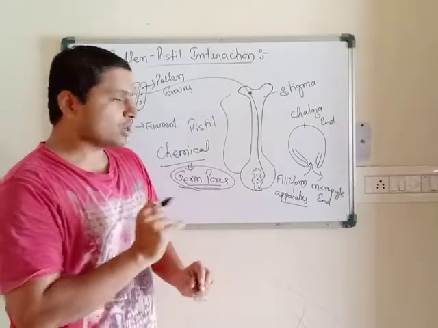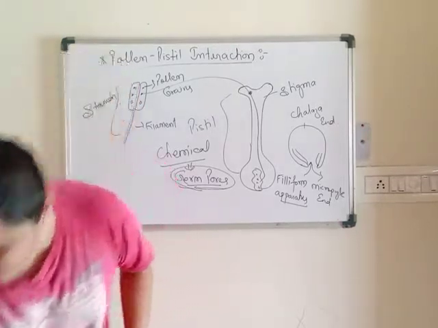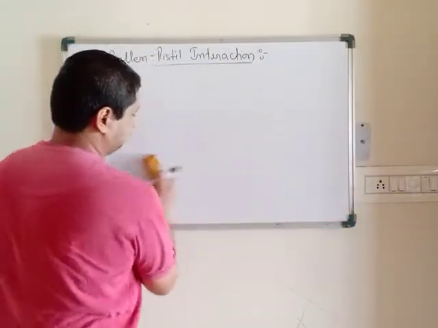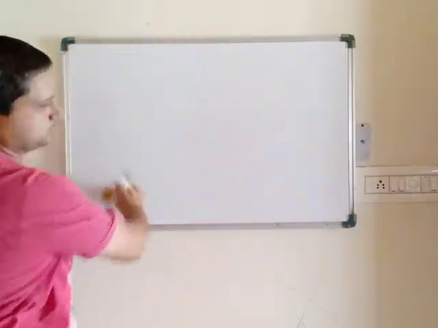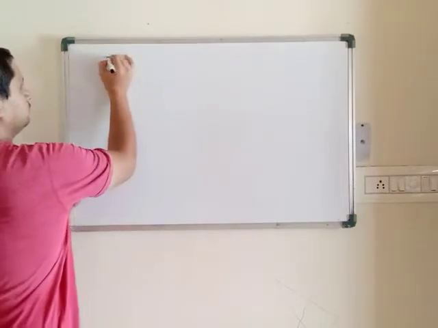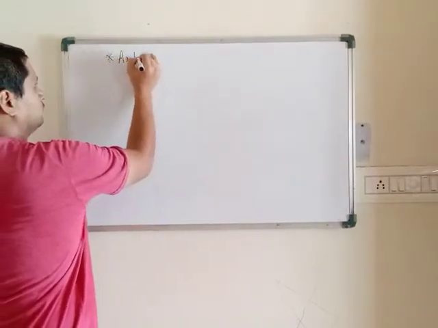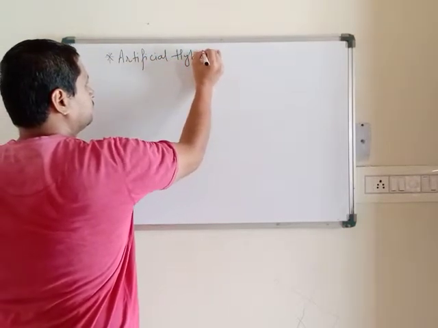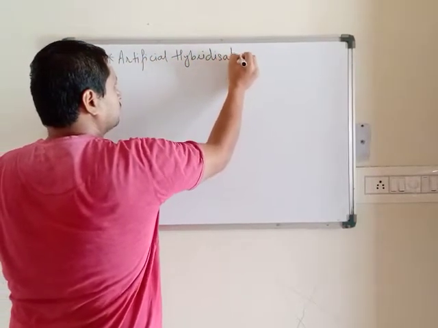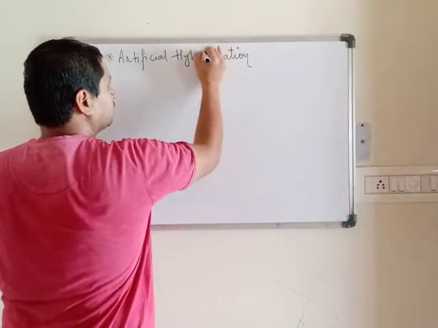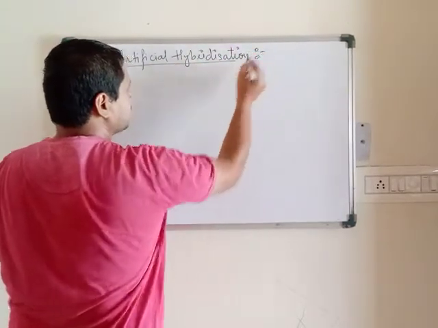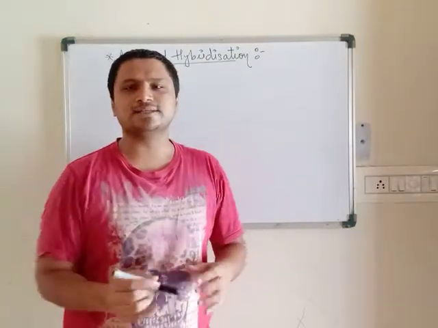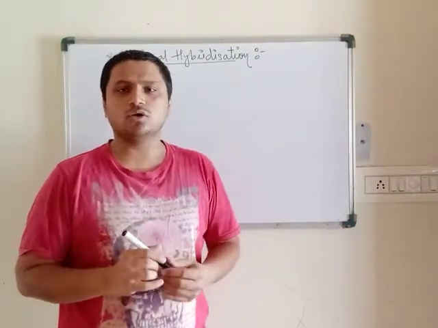Now the next topic that we are going to study is artificial hybridization. Artificial hybridization: many times farmers want some ideal characteristics in their crop.